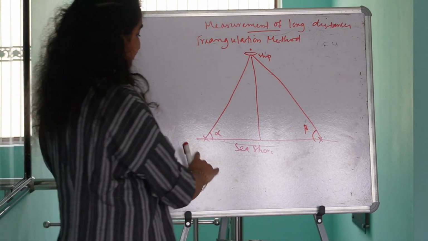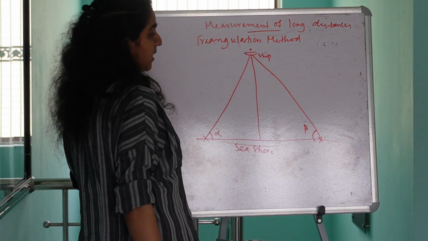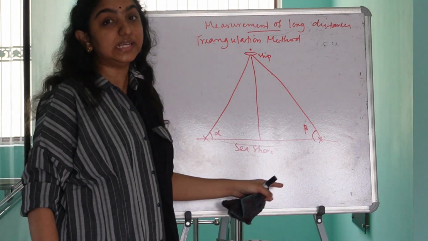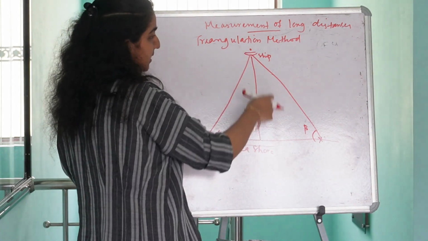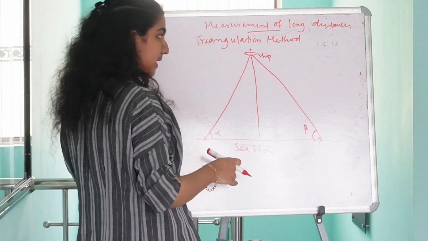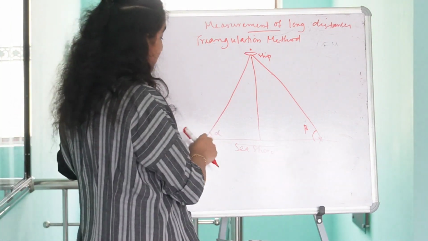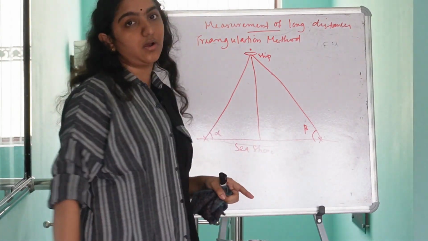Is it clear? This is a seashore and there is a ship in the horizon. And I want to find the distance to the ship from the seashore. So I can measure it directly, isn't it? But instead of measuring this distance directly, what I am doing is I am selecting two random points on the seashore.